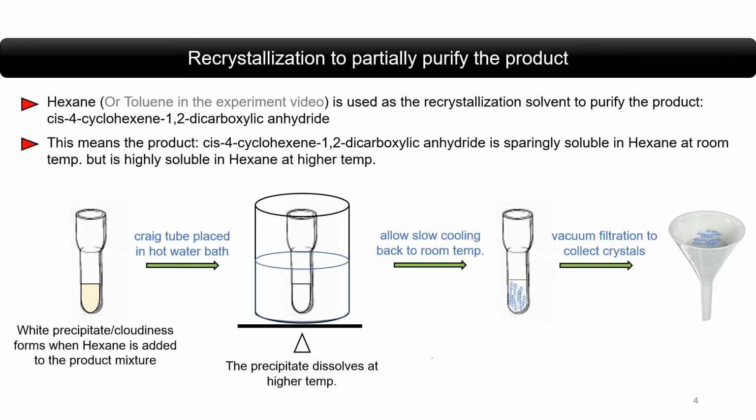We are going to use hexane as the recrystallization solvent. So remember, in recrystallization, choosing the correct solvent is important, and the property that is important is that a particular compound should be sparingly soluble in that solvent at room temperature, but should be highly soluble when we heat the solvent to a higher temperature.